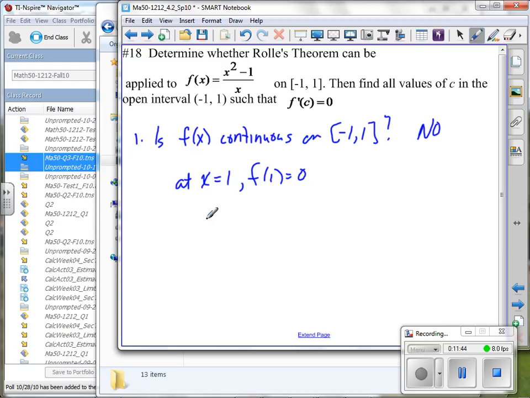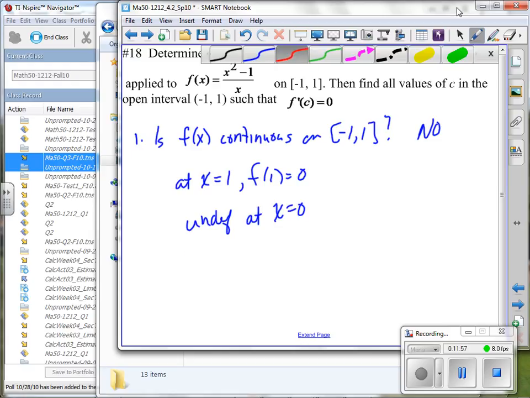Casey has a comment. Yeah, it's not continuous because it's undefined when the input is 0. Why? Because in a fraction where the denominator is 0, it's undefined.